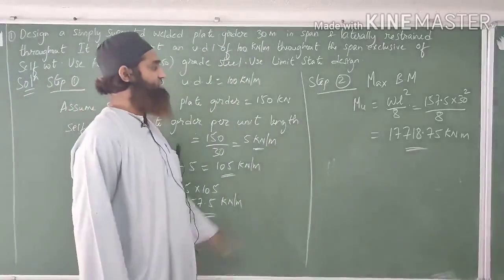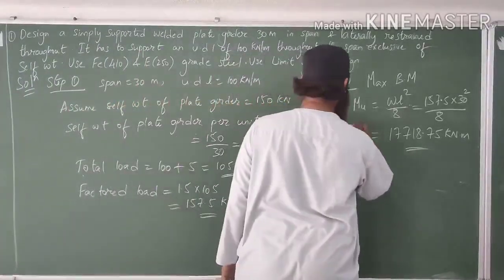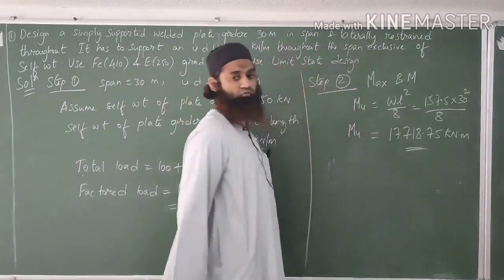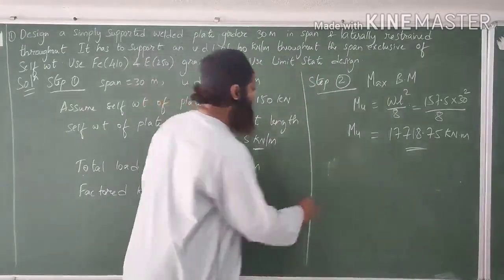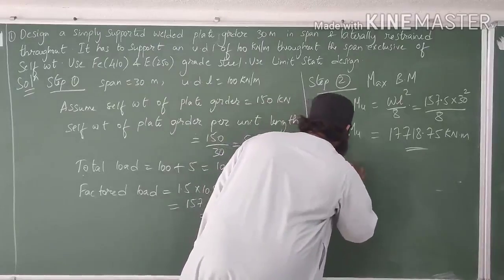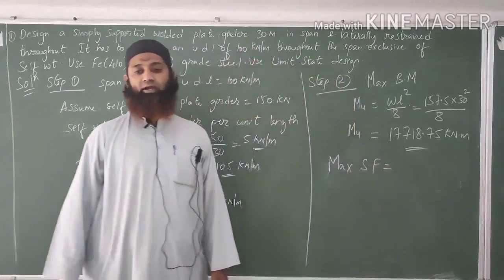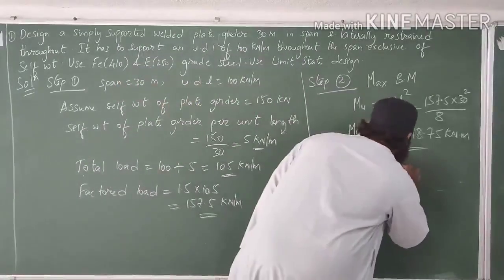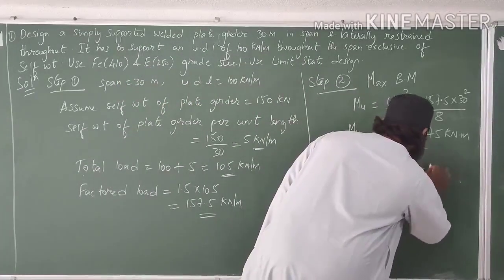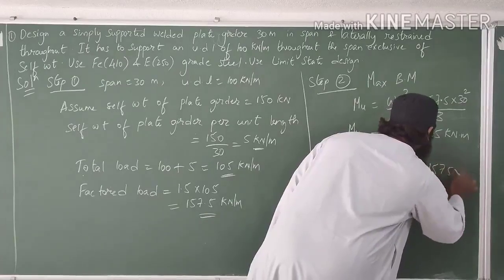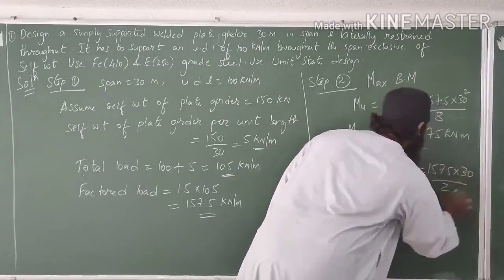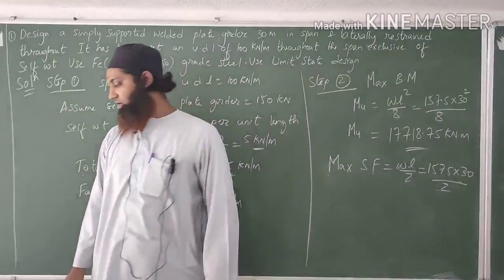This is the maximum bending moment, and this is the MU. Next we will see the maximum shear force. Maximum shear force is WL by 2, so that is 157.5 into 30 by 2.